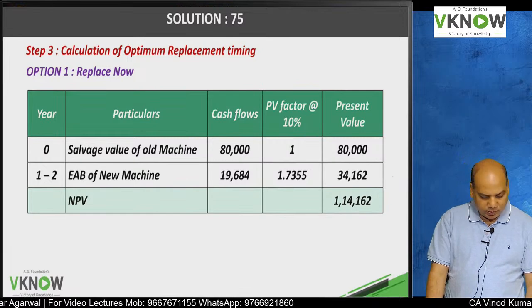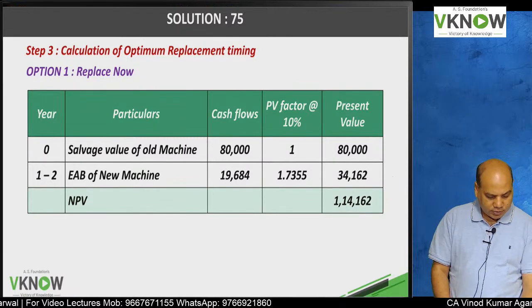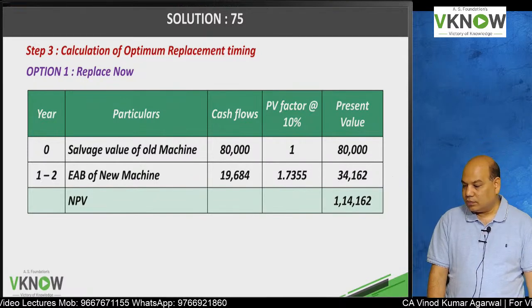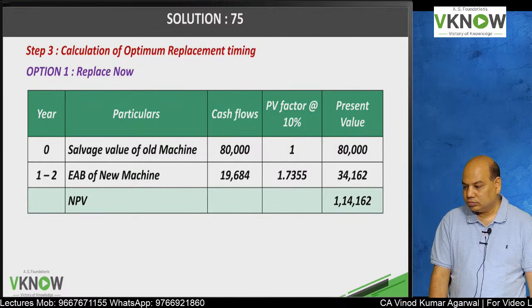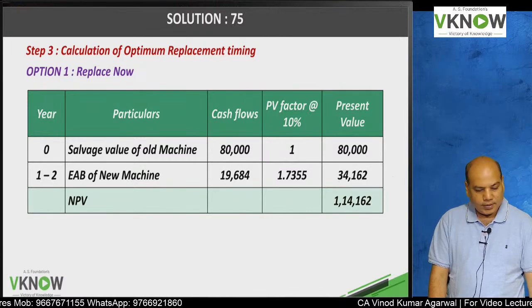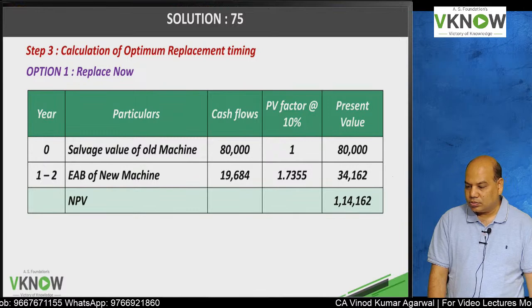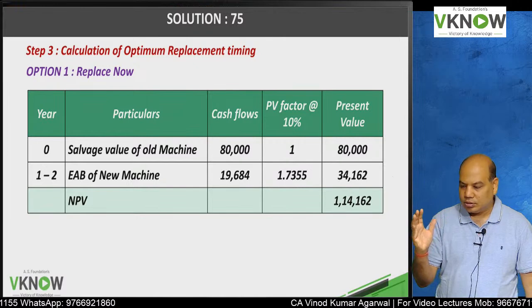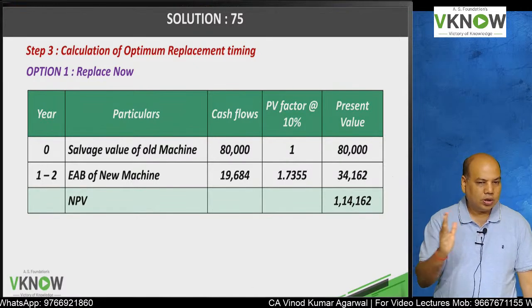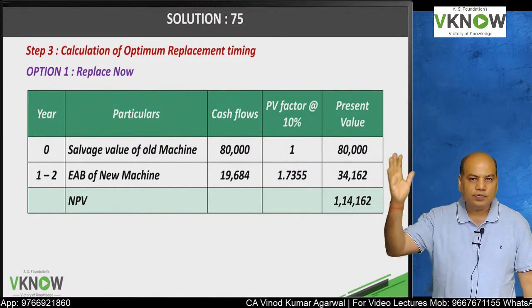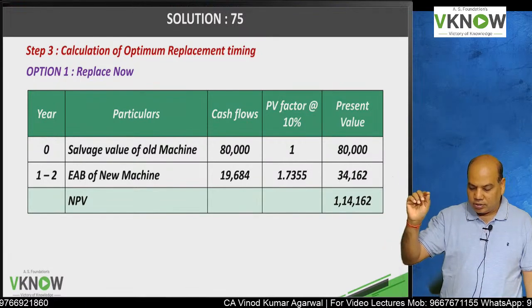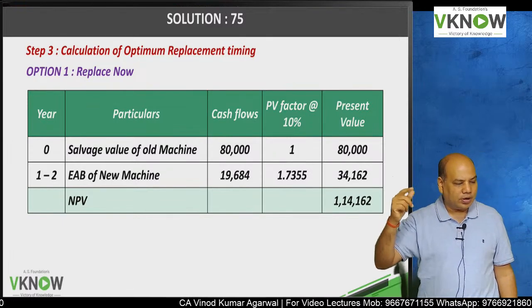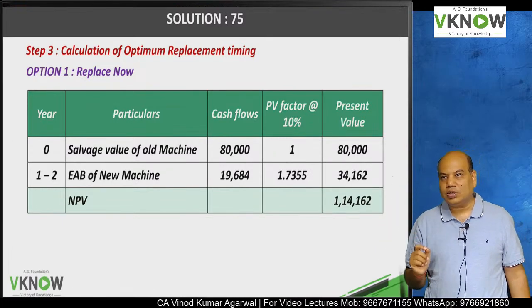So NPV will be the total of the two, not the difference. NPV will be 114162. If you replace now, the PV of cash inflow for first 2 years will be 114162. Beyond 2 years, in all the future years, you will get 19684 every year. So difference will arise only in the first 2 years.